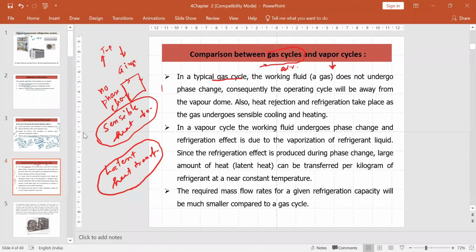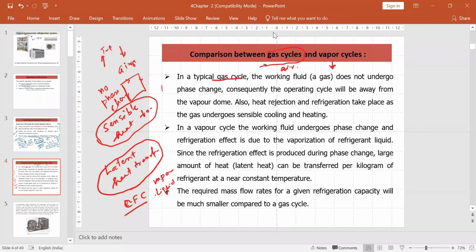Now in this vapour compression cycle, they mainly use CFC refrigerants, so they are in two phases during the cycle. In one part they are vapour, and in another portion of the cycle, they are liquid.